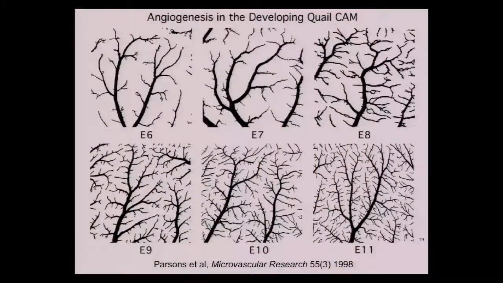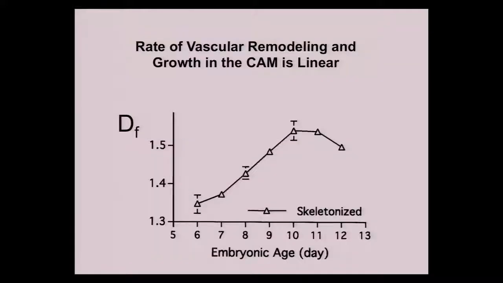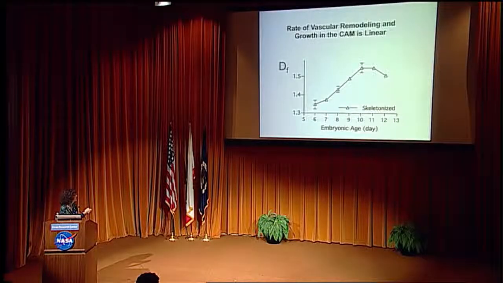As I described in the CAM, looking at normal healthy development, which of course is a very important aspect of this kind of phenomenon, the fractal branching patterns quickly fill themselves in over about 5 to 6 days of vascular development. And one result that continues to fascinate me from that early research is that this fractal-based growth pattern becomes a linear result when analyzed by fractal mathematics.